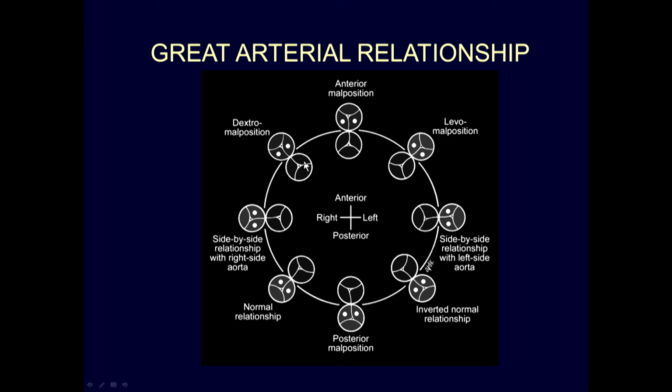In complete transposition of great arteries, the aorta is located right anterior to the pulmonary trunk. And in congenitally corrected transposition of great arteries, not always, but usually, the aorta is located left anterior to the pulmonary trunk. So previously we called this L-transposition.